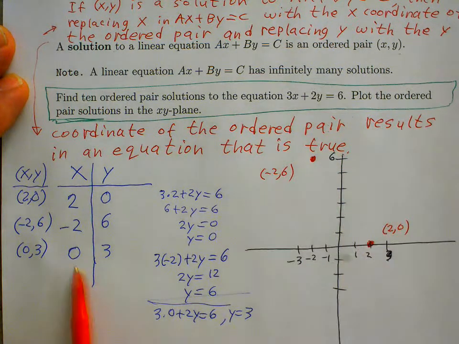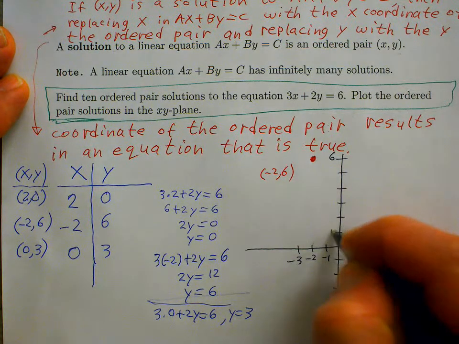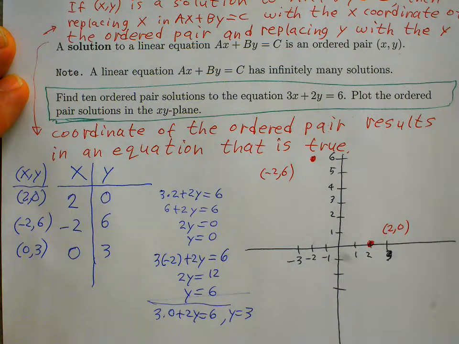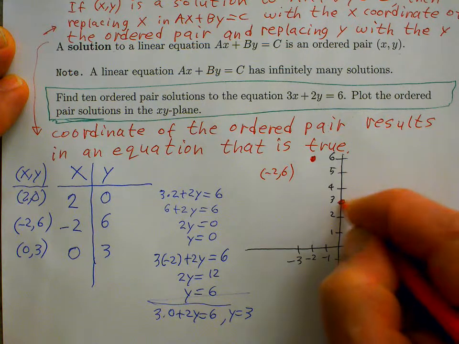And then our third ordered pair solution, 0, 3. That's on the y-axis. So 0, 3 is this point.